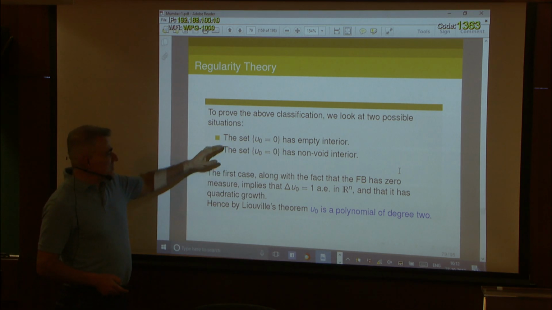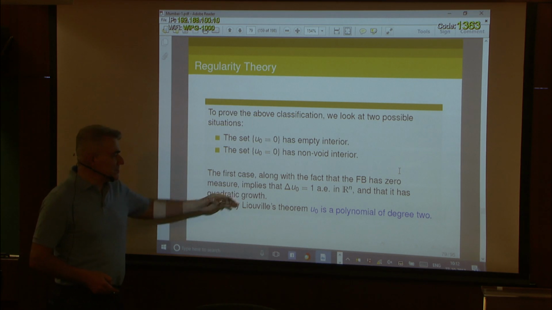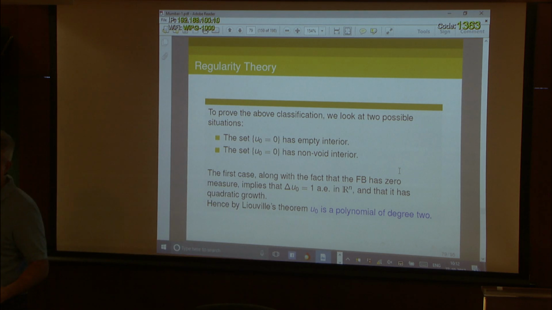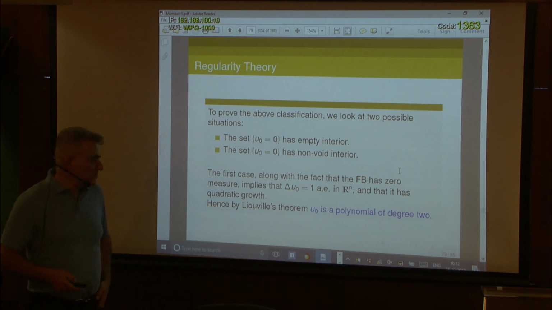Yeah. So if the set has empty interior, that's one scenario. The set has empty interior. Then we realize that Laplacian of u0 is going to be 1 almost everywhere. Because the free boundary has measure 0, so we can just ignore that. And there's no interior, so that's it, nothing is there for the Lebesgue measure.